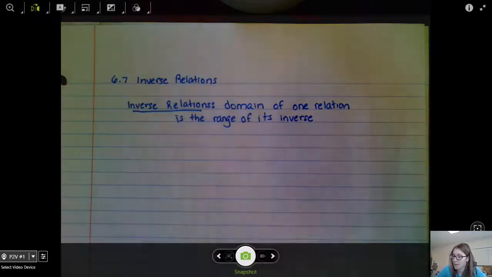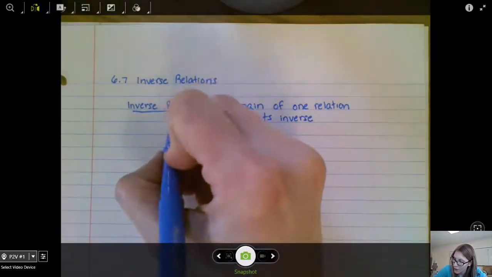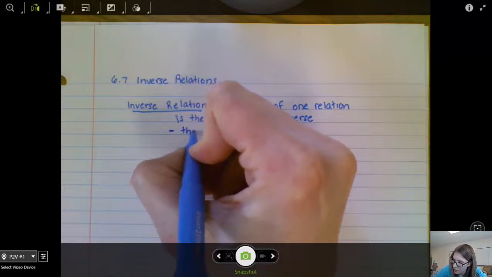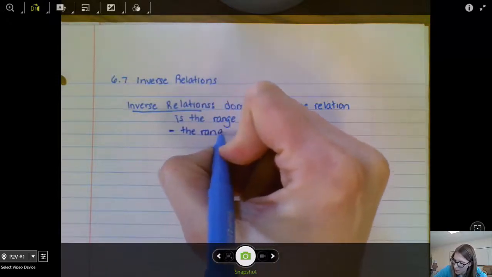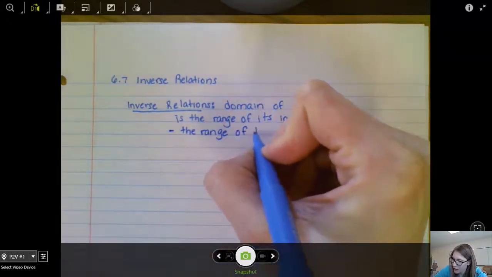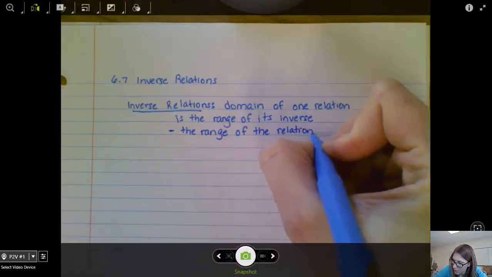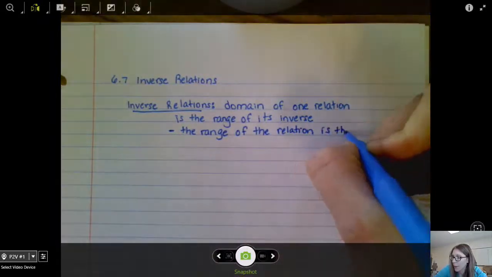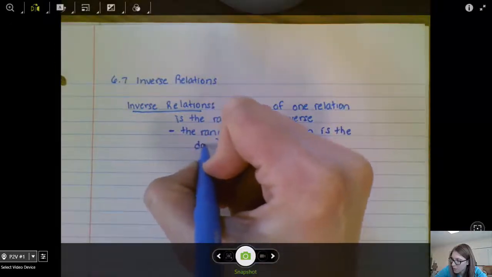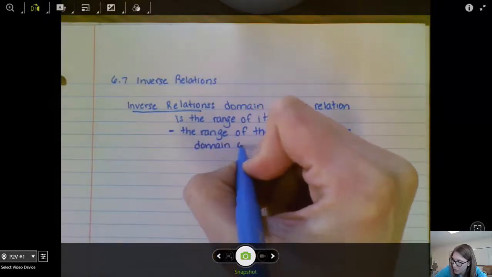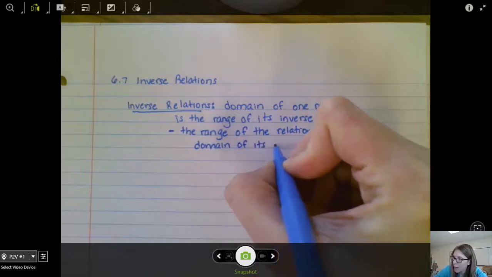Okay, and same thing for the range. The range of the relation is the domain of its inverse.